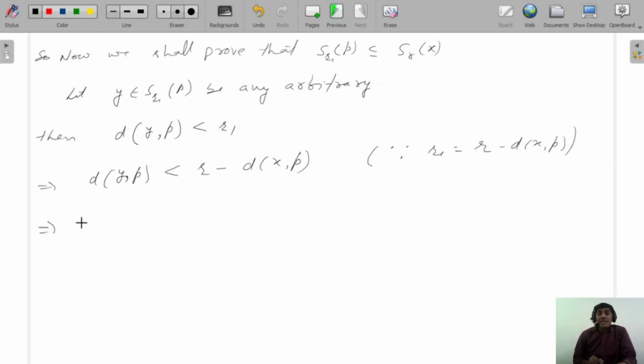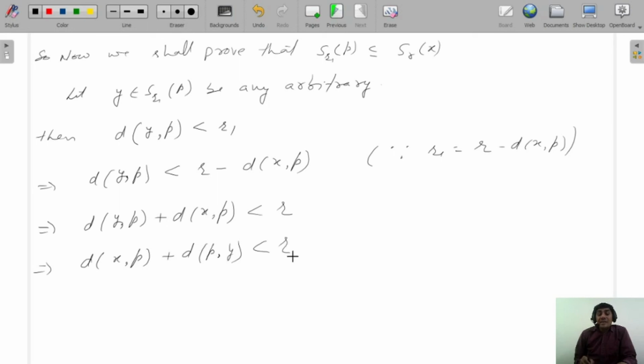This implies distance between y and p plus distance between x and p is less than r. We can write it as distance between x and p plus distance between p and y is less than r, because d is metric.